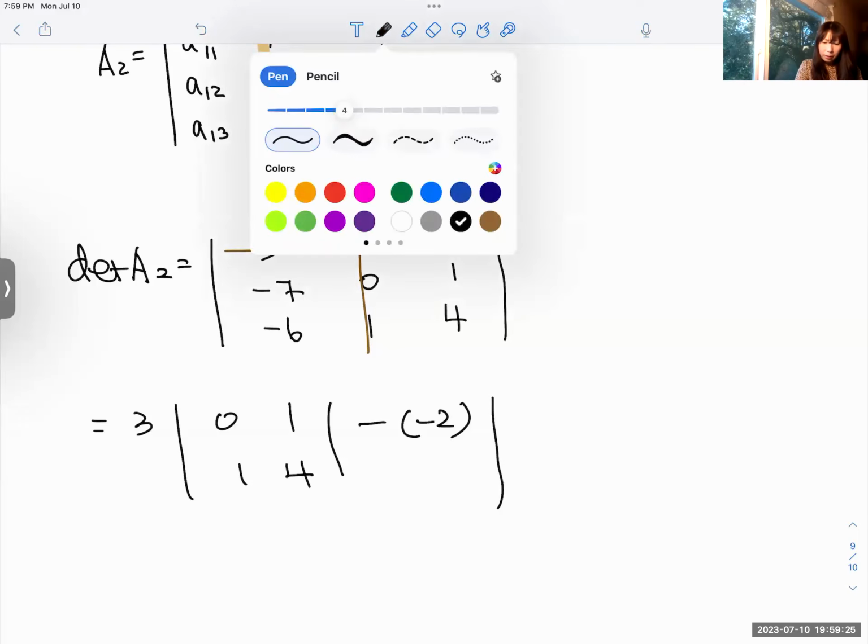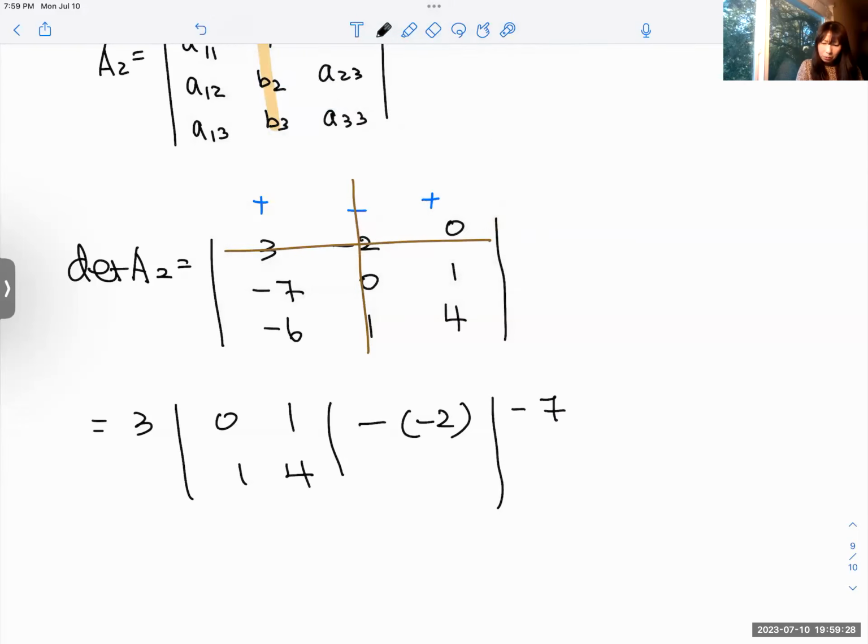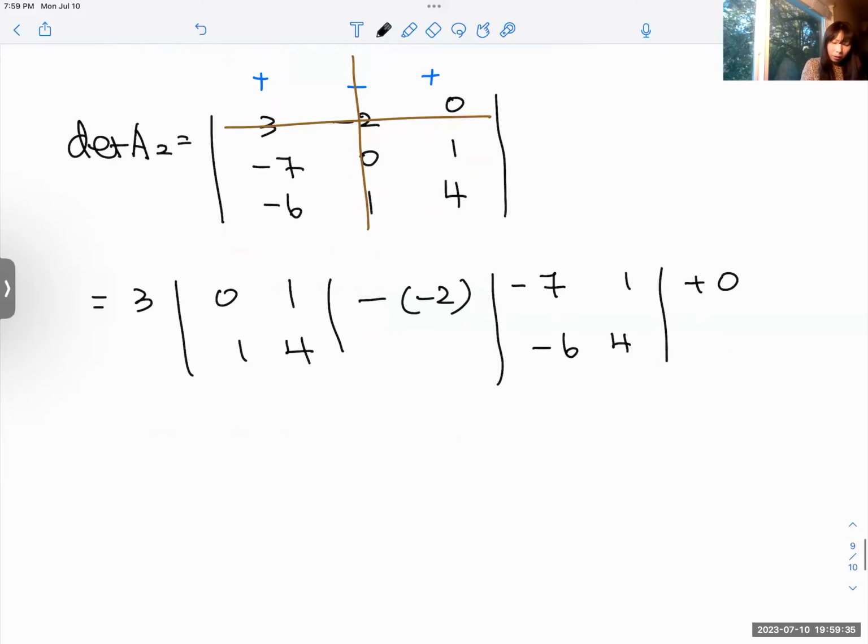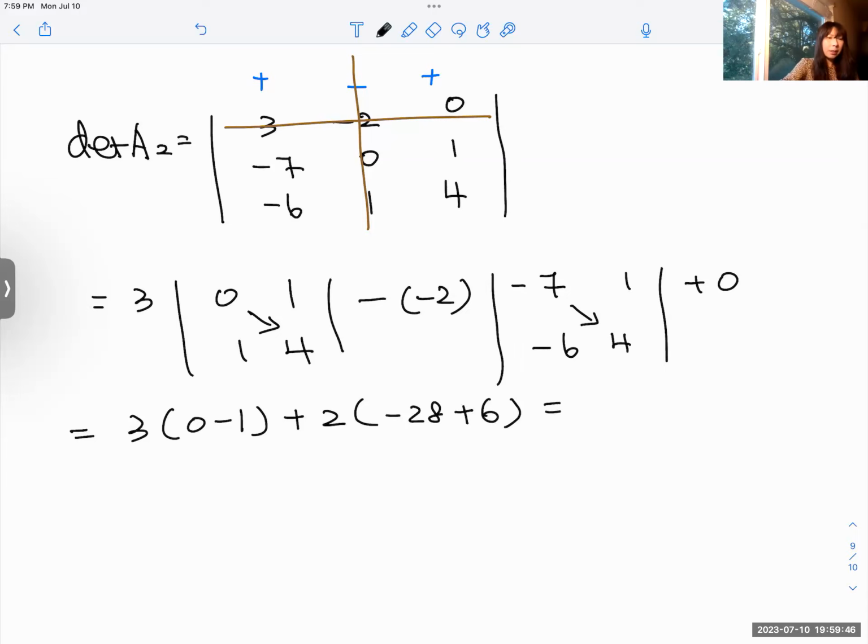So we get negative 7, 1, negative 6, 4, and then the rest is 0. Good. Okay, so 3 times 0 minus 1, plus 2 times negative 28 plus 6. Please calculate. Thank you very much. It's negative 47. Good job.